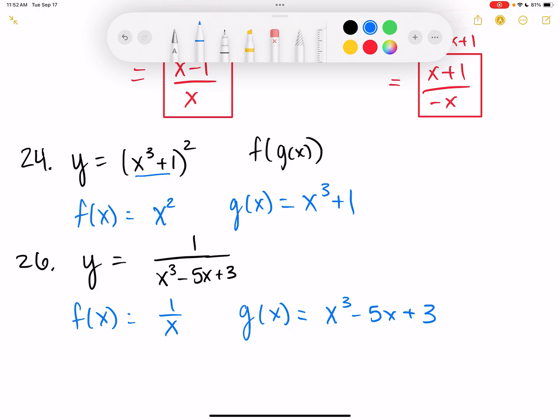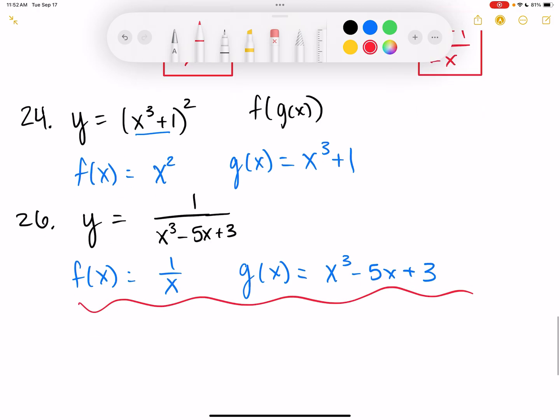Now, another option for this same problem, just to show you that there are multiple answers that would work, I could have g of x just be x cubed minus 5x, and then f of x be 1 over x plus 3. And when I plug it in, I get the same end result of this 1 over x cubed minus 5x plus 3.